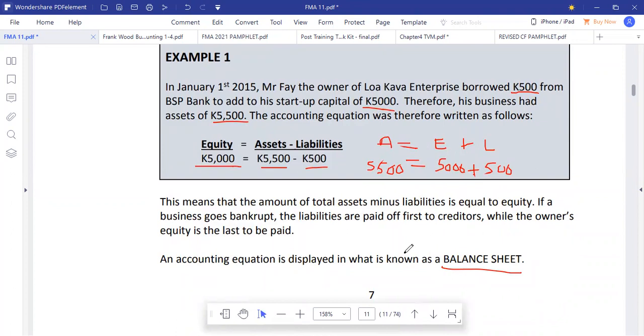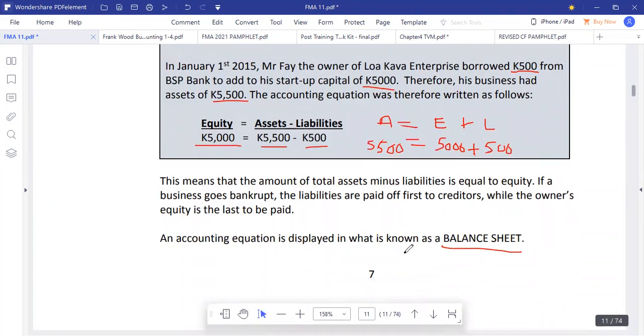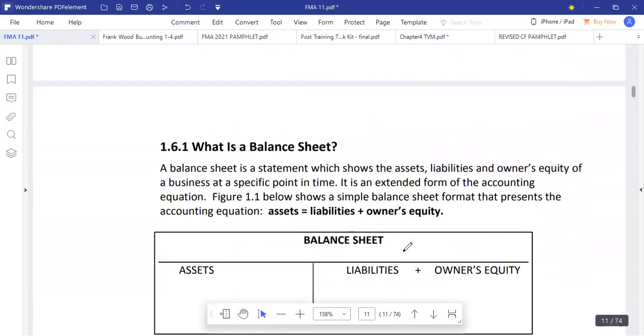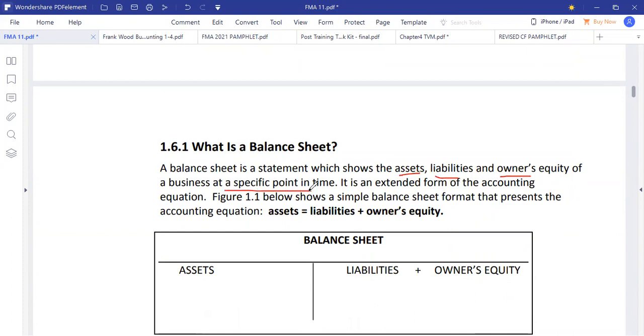The balance sheet gives you a snapshot of what the business owns. It's a statement that shows assets, liabilities, and the owner's equity at a specific point in time.